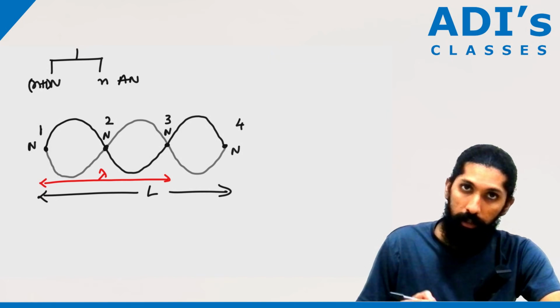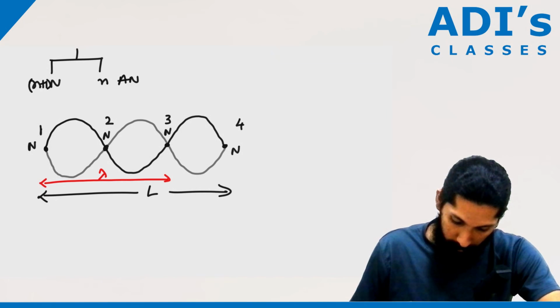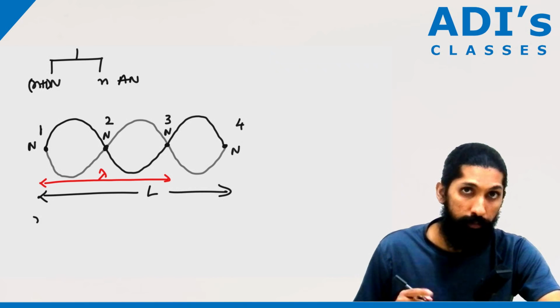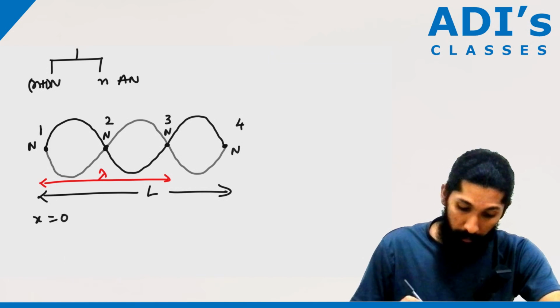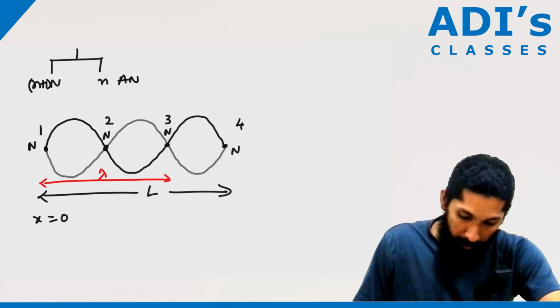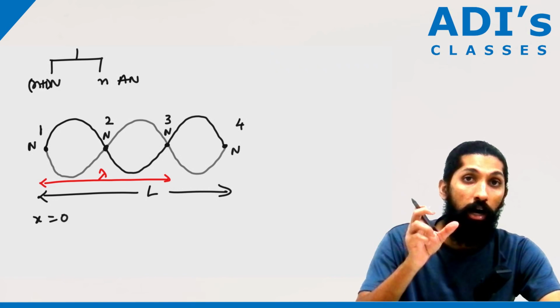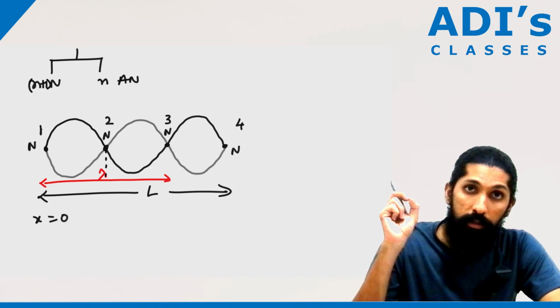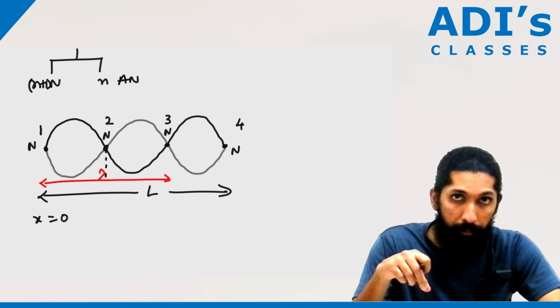The first node is at x equal to 0, well and good. This is the position of the first node. The second node is exactly in between that lambda, isn't it? Half of the lambda, so its position becomes lambda by 2.